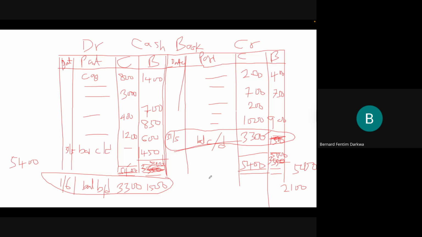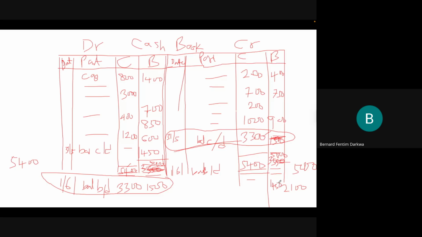And when you come here, you say 1st June, balance BD. But this balance BD will not be under cash, but rather under bank: 1,450.